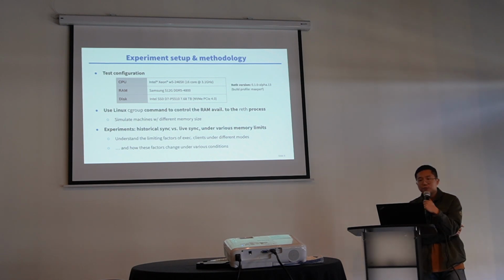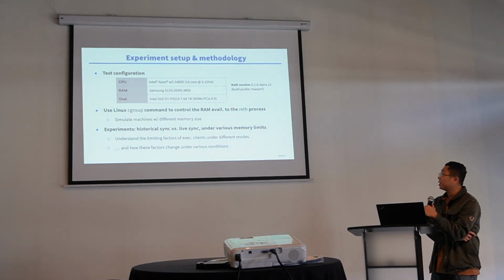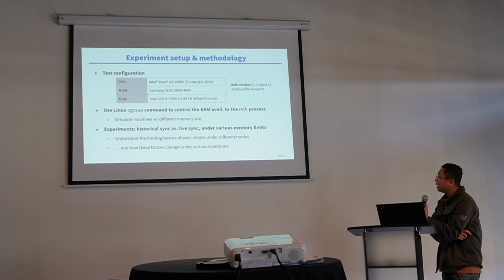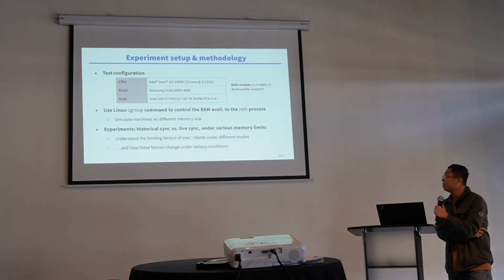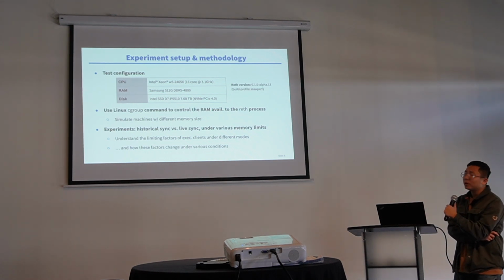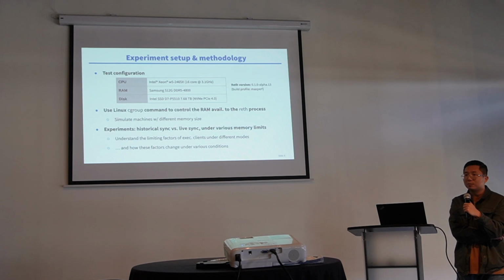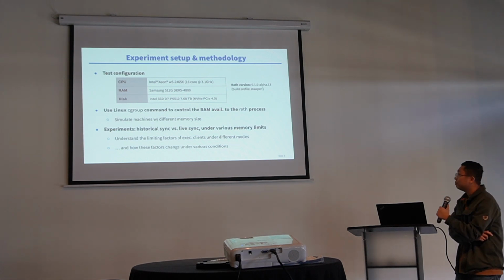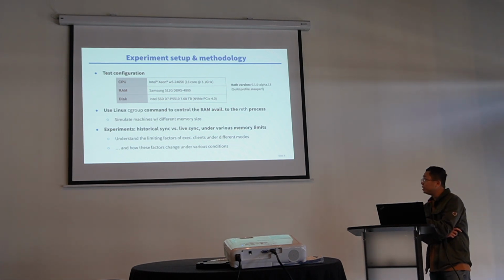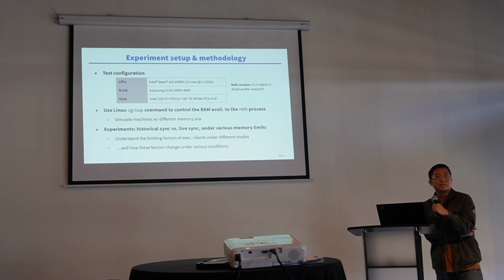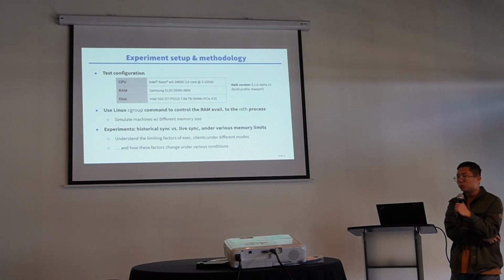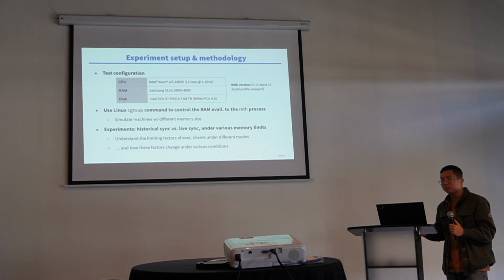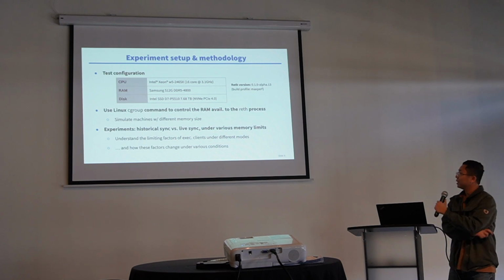Our test server is pretty powerful. It has 500 gigabytes of RAM and a pretty fast NVMe SSD. The CPU core count doesn't really matter here because most of the work will be single threaded. In order to simulate machines with different memory sizes, we use the Linux cgroup command to control how much memory will be available to the Reth process.